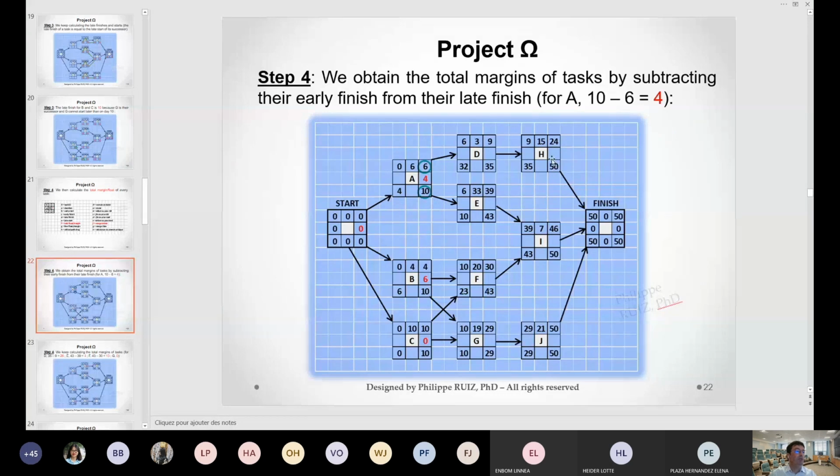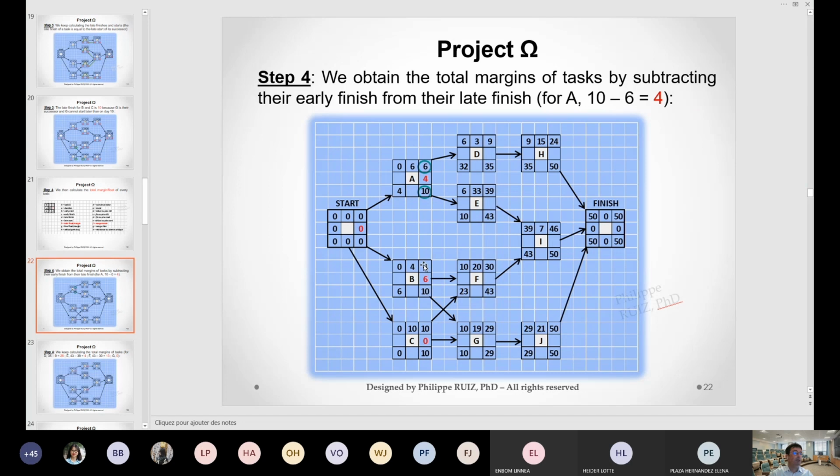So I'm going to do that for every cell. Right, let's start from the beginning, like here. I have my late finish. I obtain the total margins of tasks, as written at the top here, by subtracting the early finish from the late finish. So I'm going to subtract 6 from 10. 10 minus 6 is 4.